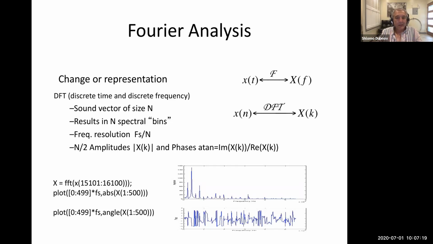So people tend to say that we don't hear the phase. We do hear phases, but we hear them as something else: as perception of space, as perception of how many duplicates of an instrument exist, and also in terms of sound quality. So the phase is important, but we will ignore this for most of our discussion here.